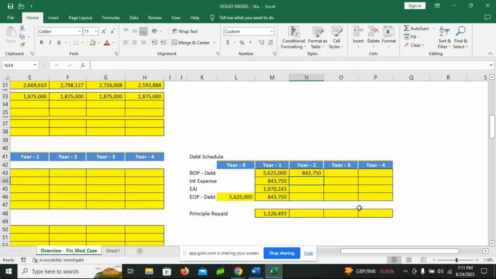So previously how we have done the debt amortization, the same way only. So I'm going to drag it this side. So EMI and this value. So I have to drag everything.